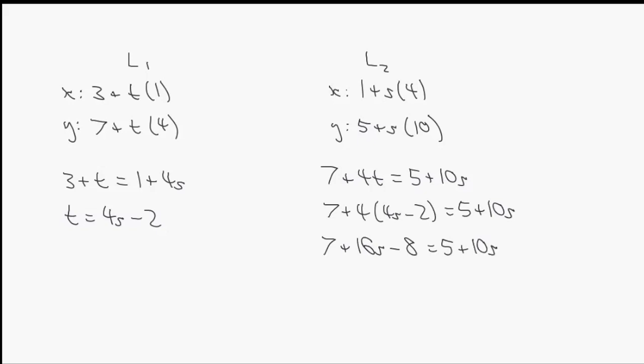Simplifying further, 6s equals 5 plus 8 minus 7. So 6s equals 6, and dividing, 6 divided by 6 equals 1. So the value of s is 1. Now we can go back to t, because we know the value of s, and calculate the value of t.